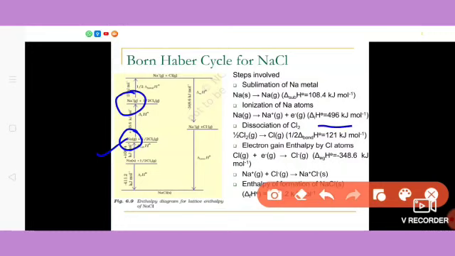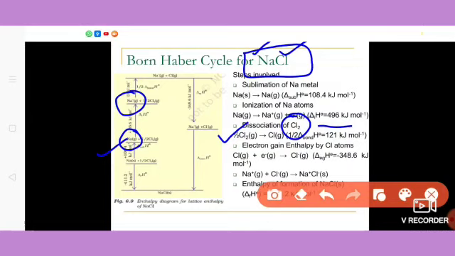Then the next step involves the dissociation of the chlorine gas. Now, since for the formation of sodium chloride, 1 atom of sodium reacts with 1 atom of chlorine, but chlorine is a diatomic gas, we require only half mole of chlorine gas to form the required number of chlorine atoms.